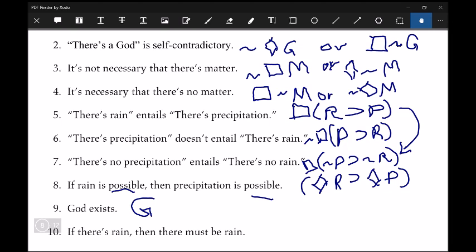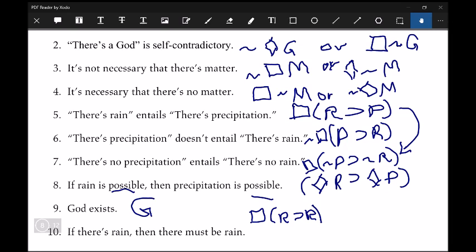I wondered how you translated it. Annie, how did you translate this? Well, I said it's necessary that if there's rain, then there's rain. Well, okay, that's one way of translating it. Now, Joey, how did you translate it?